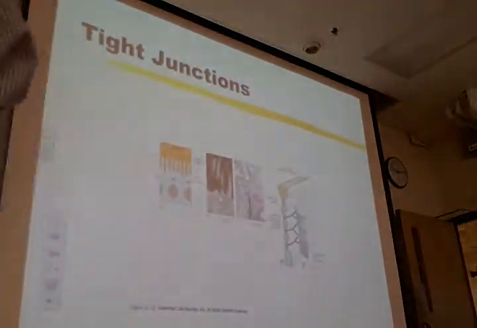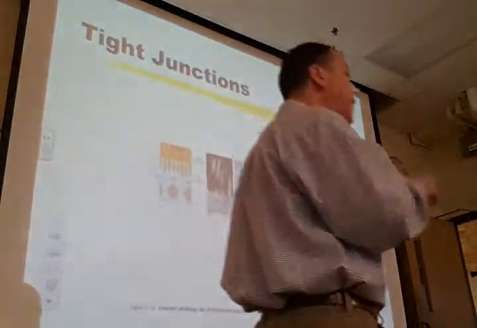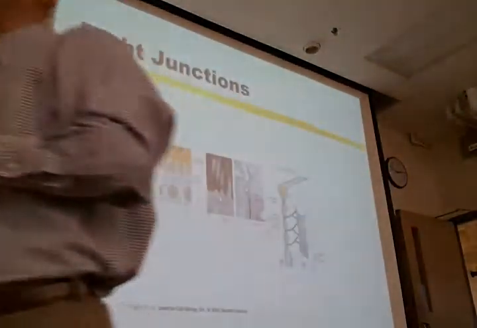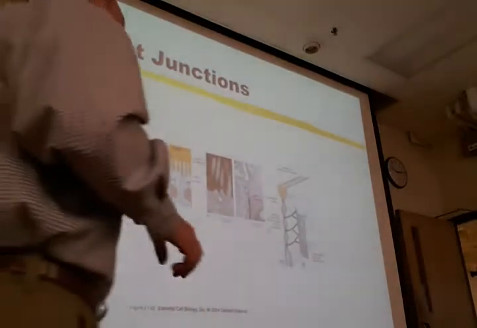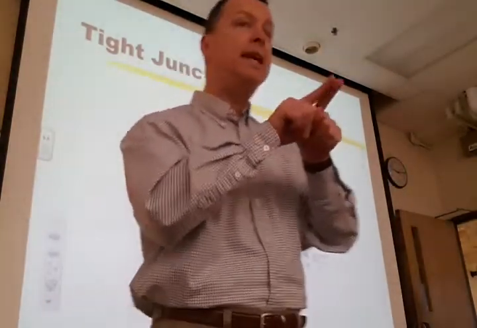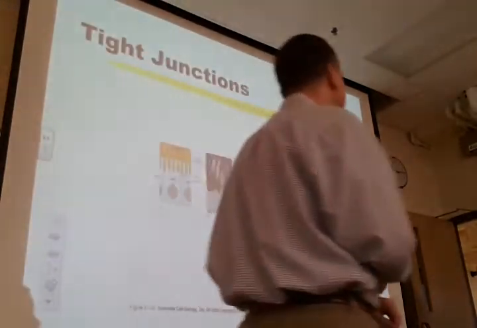Right? However, it's now been clearly shown that the two membranes are not fused together. When I first learned about tight junctions back in graduate school 20 years ago, there was still the idea, in fact that was the idea, that the two membranes had actually been fused together by whatever the protein was. They didn't even know what the protein was then.